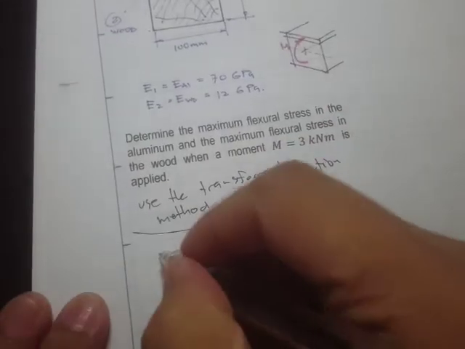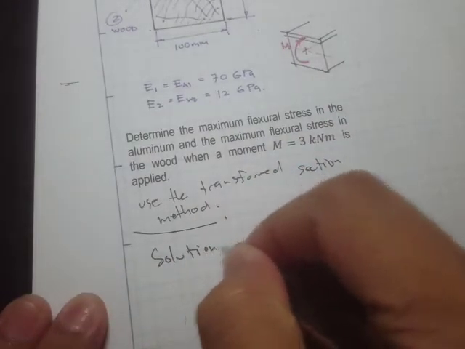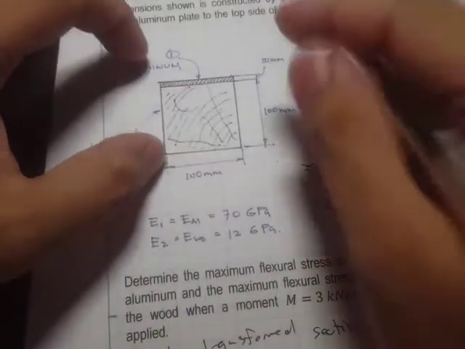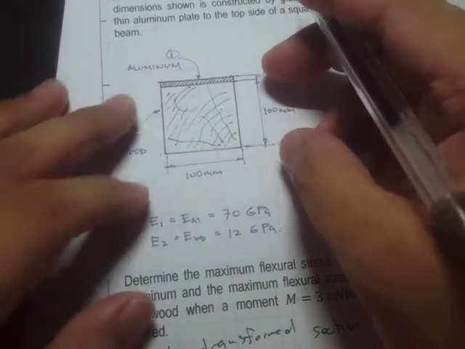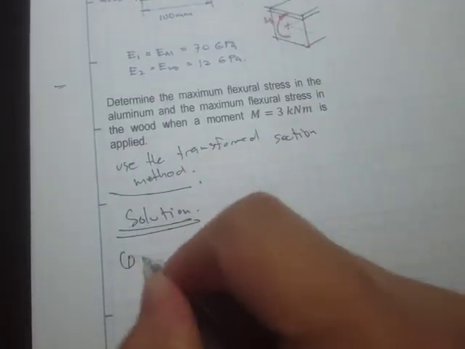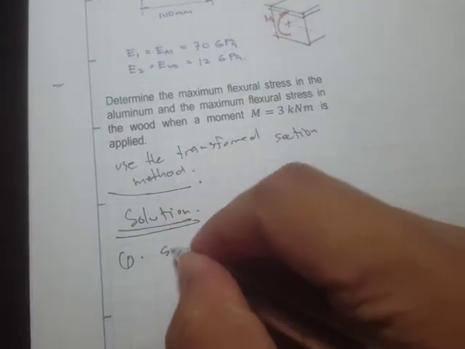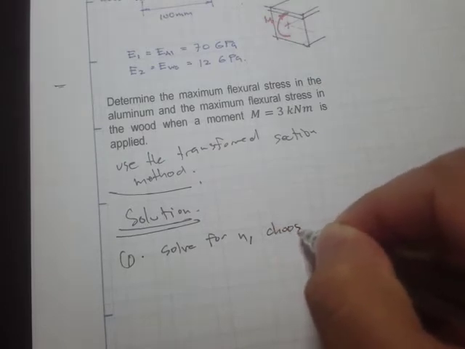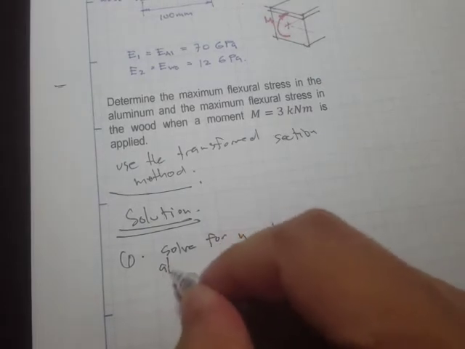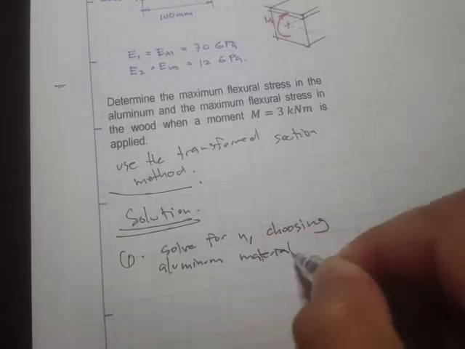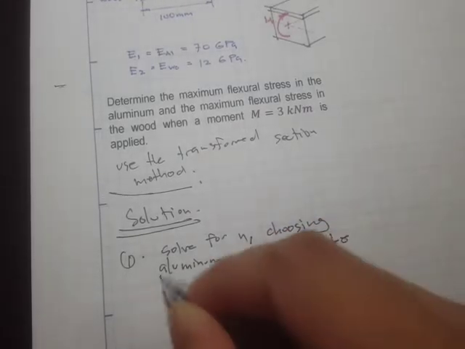Okay, so for the solution, the first step is to find the modular ratio, so that we can transform one material to the other. Let's write here: solve for n, choosing aluminum material to be transformed.